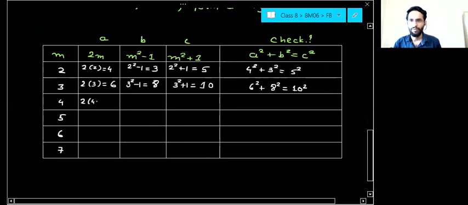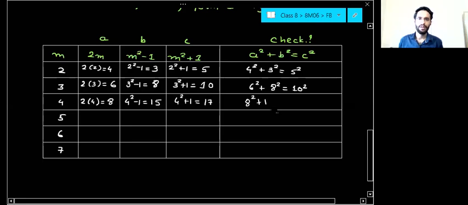Now if I check for m equal to 4, 2 into 4 is equal to 8. 4 square minus 1, 16 minus 1, is 15. 4 square plus 1, 16 plus 1, is 17. If you check for 8, 15 and 17, 8 square is 64 and 15 square is 225.